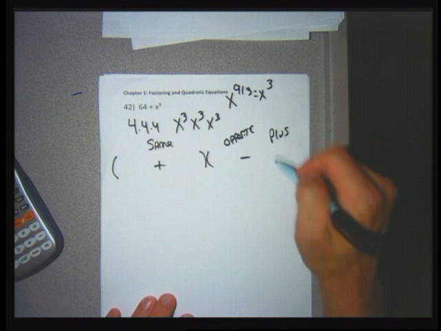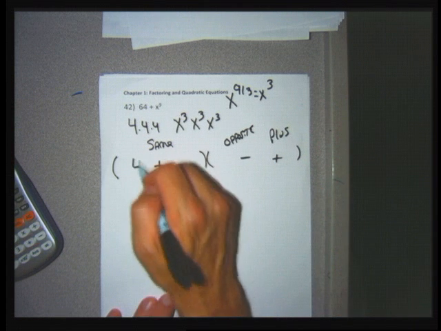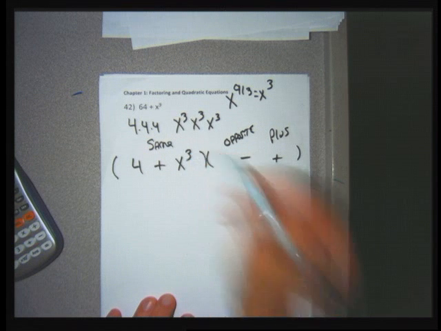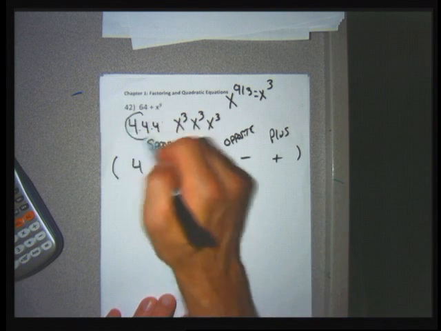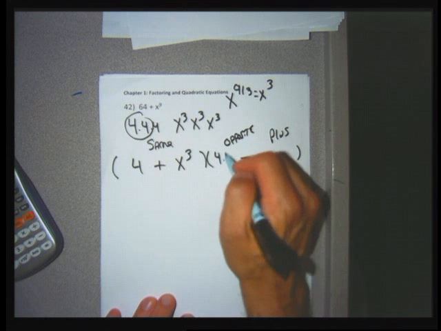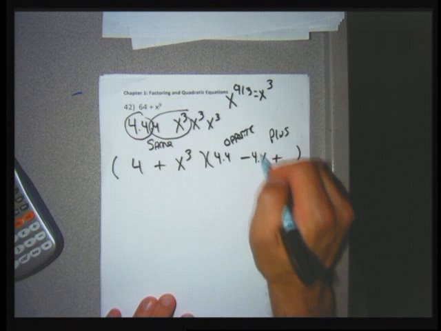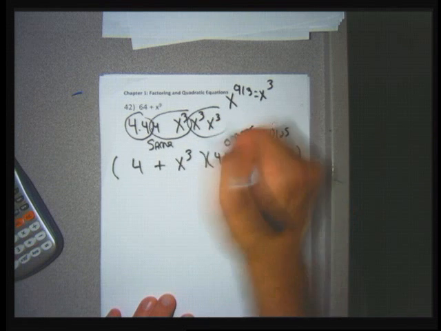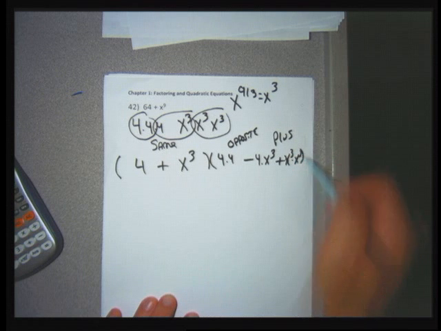And then the last sign is always plus. First parentheses, one of each, meaning a 4 and an x cubed. Again, it looks odd in that order, but I'm going to leave it. Second parentheses, first pair is 4 times 4, then 4 times x cubed. Third pair is x cubed times x cubed.